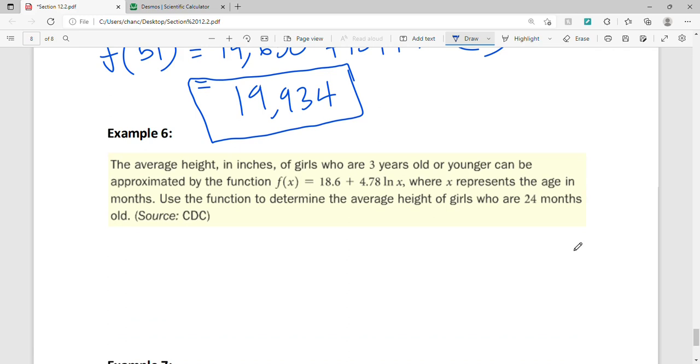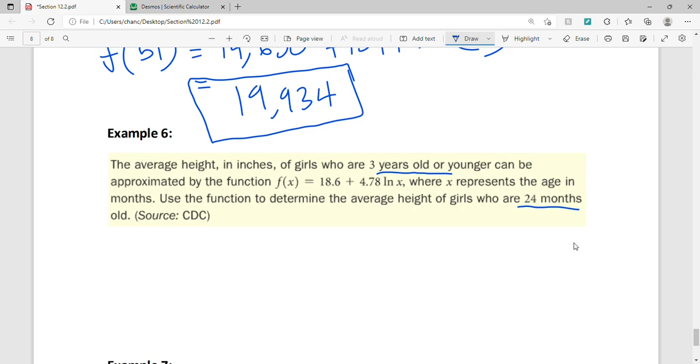In example 6, the average height in inches of girls who are 3 years old or younger can be approximated by the function f of x equals 18.6 plus 4.78 times the natural log of x, where x represents the age in months. Use the function to determine the average height of girls who are 24 months old.